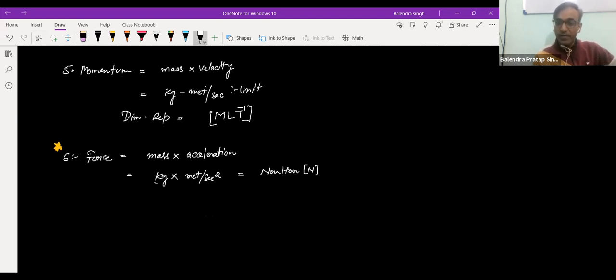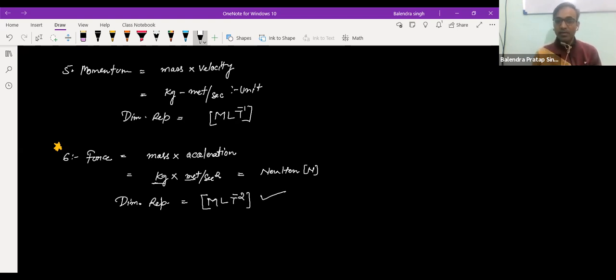What is the dimensional representation of this force? Kilogram is represented by capital M, meter by L, and per second square, so I can write T minus 2: MLT minus 2. This dimensional representation is very important.